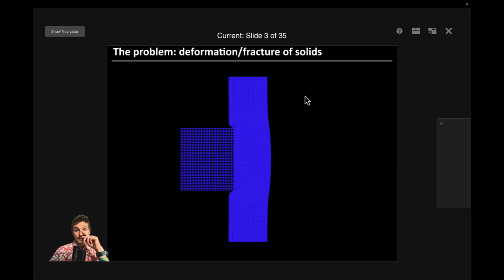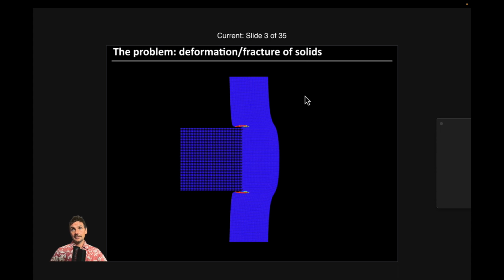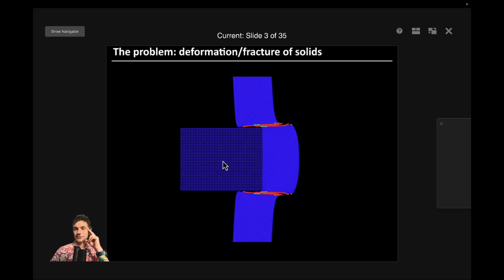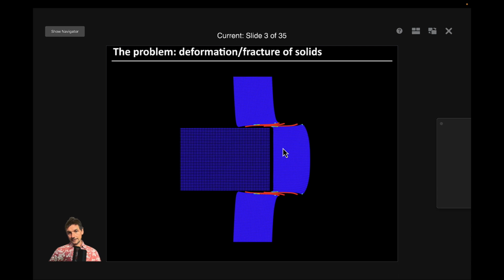Okay, so for example, if you imagine this cube that enters this other cube, this is, for example, a bullet entering a domain or a piece of armor, then you can see that this region is extremely stiff and that one here is much more soft. And the question is, what would be the number of fragments that you end up with?